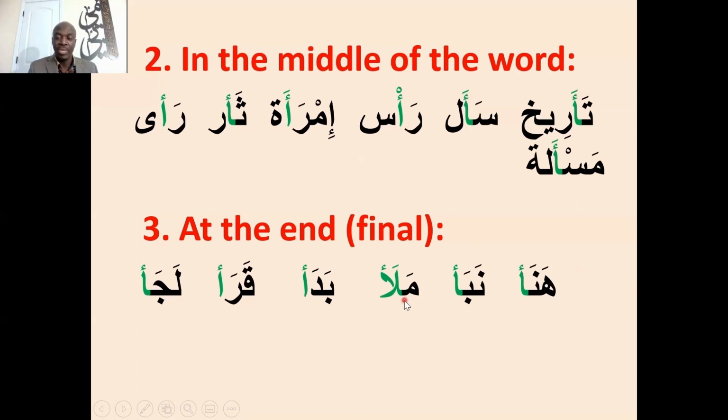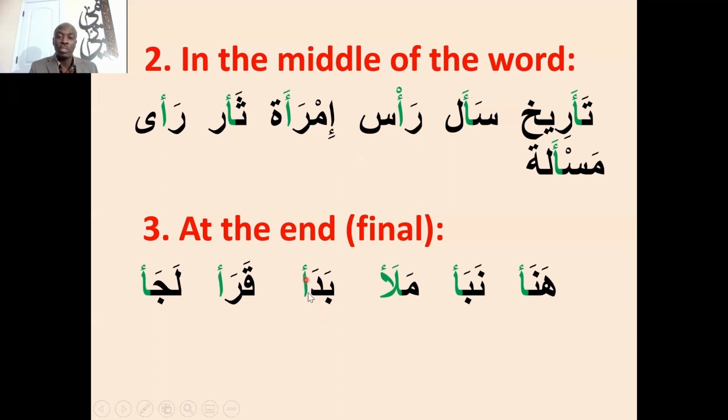Mala'a is to fill, like to fill something with water or with something. Mala'a. So the hamza has the fatha and the lam has the fatha. So the fatha gives you the alif as a seed. That's why the hamza is seated on the alif here.